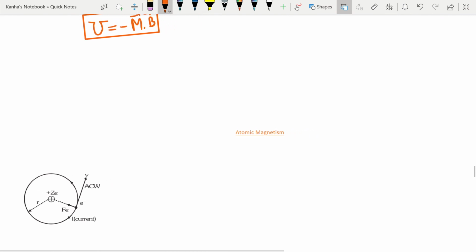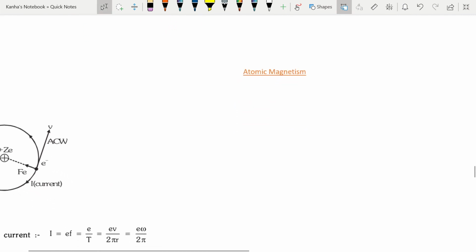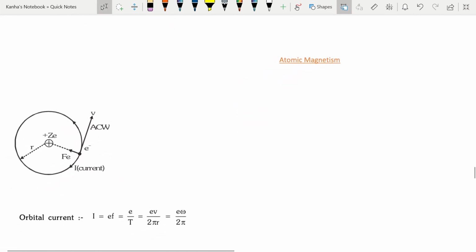Let's go down and look at what is atomic magnetism. Due to the motion of electrons in circular orbits around the center of the nucleus, let me just make this the nucleus, and the electron is moving around this. Due to this, there is an orbital current in the system, because this is basically a charge moving in circles. So what is this current given by?